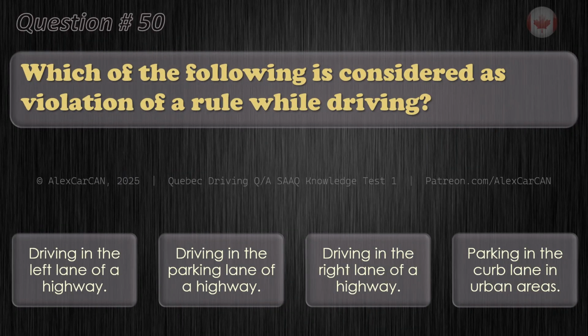Which of the following is considered a violation of a rule while driving? Driving in the left lane of a highway. Driving in the parking lane of a highway. Driving in the right lane of a highway. Parking in the curb lane in urban areas. The correct answer is driving in the parking lane of a highway.